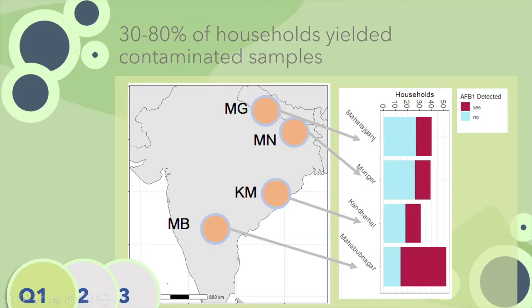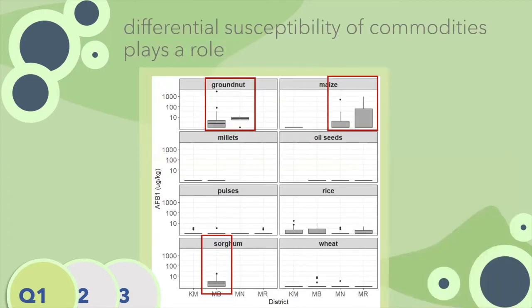And so we wanted to dive deeper and understand what features of the food system give rise to these differential experiences in household level contamination. And as we expected, the differential susceptibilities of different commodity types play an undeniably important role. So on the x-axis here, we can see the 4 districts.